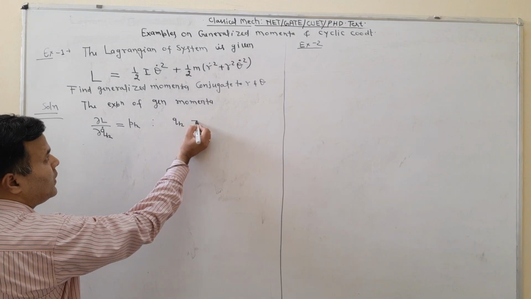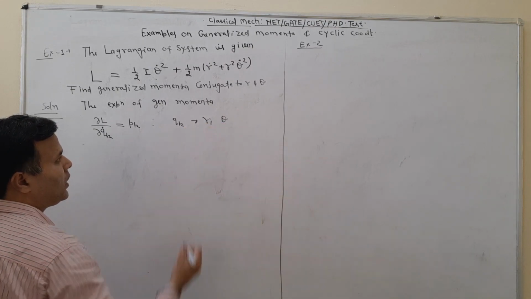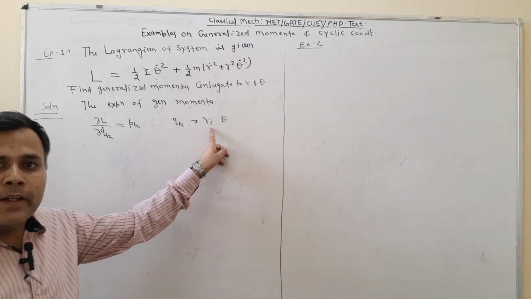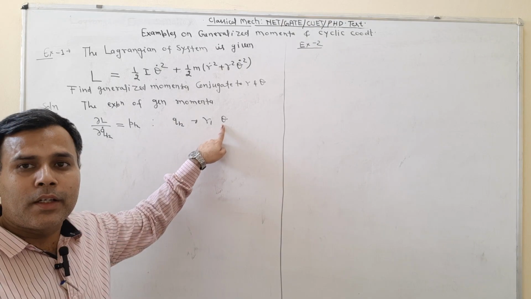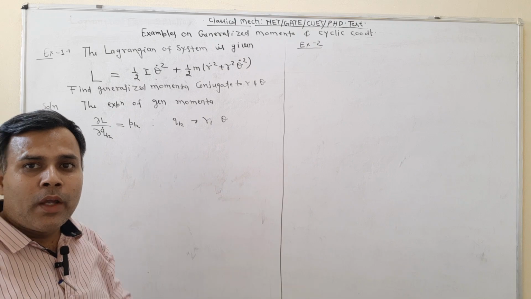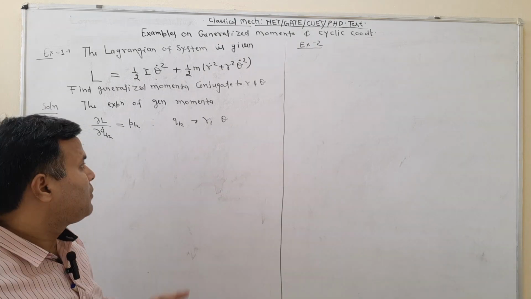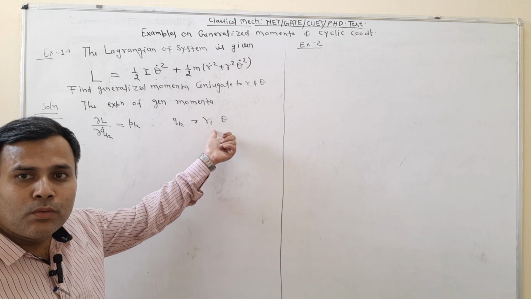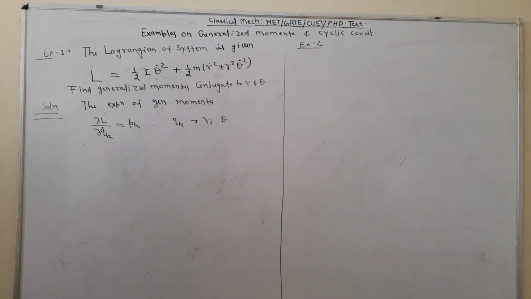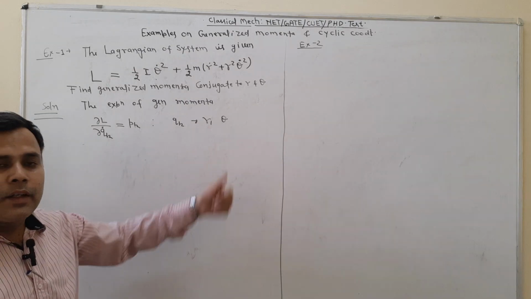Here Qk is r and theta. So we have two generalized coordinates, r and theta, and therefore we have to find the generalized momenta corresponding to these two coordinates.